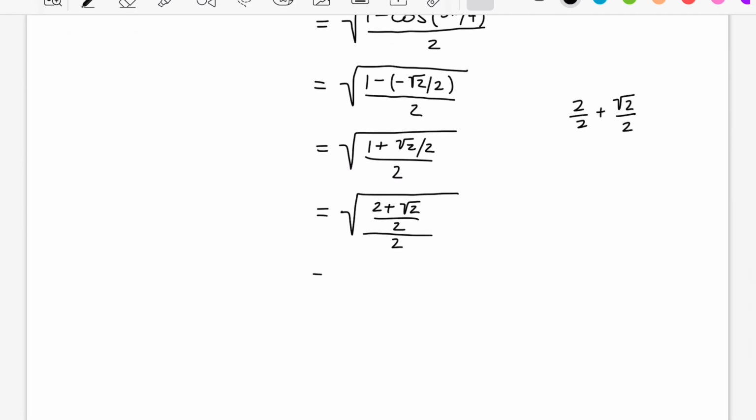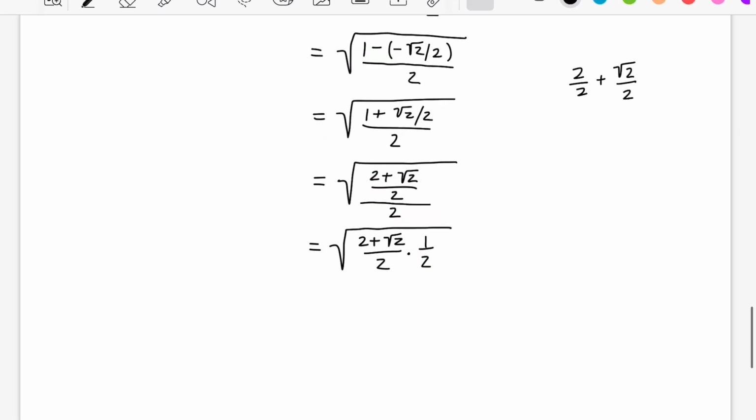Alright, now we'll simplify this a little bit more. This is the same thing as 2 plus the square root of 2 over 2 times 1/2, since we're dividing this whole thing by 2 here. This gives us the square root of 2 plus the square root of 2 over 4.